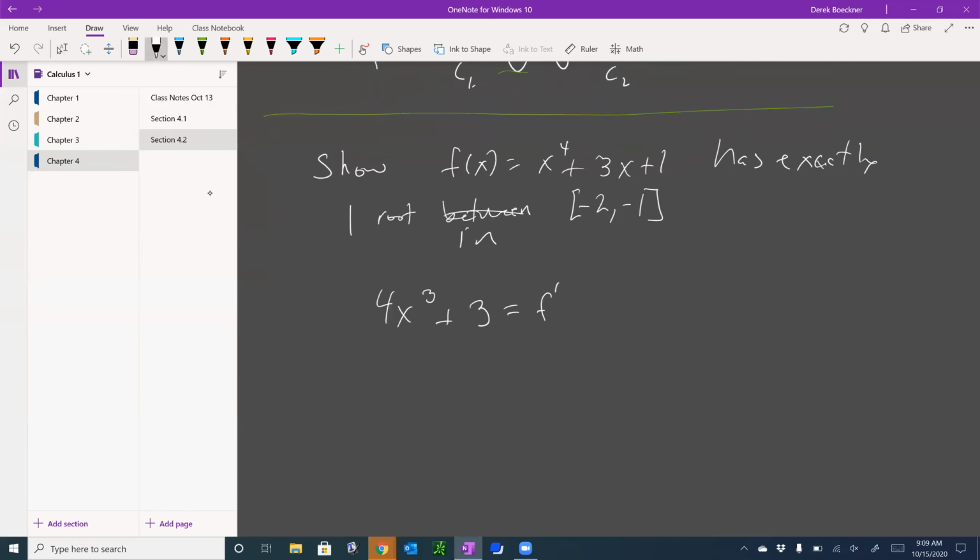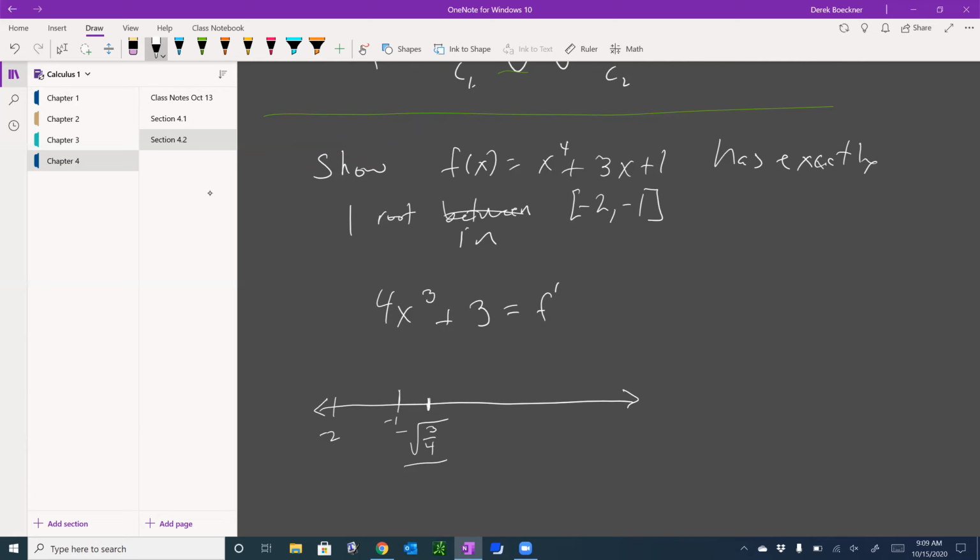And so on a number line, if I would solve this, I would have the only real root of that here at negative cube root of 3/4, right? And that's bigger than -1, closer to 0 than -1, right?